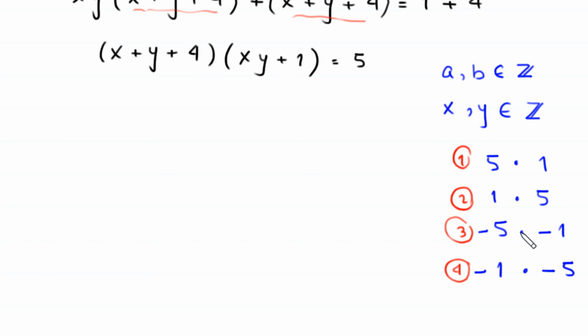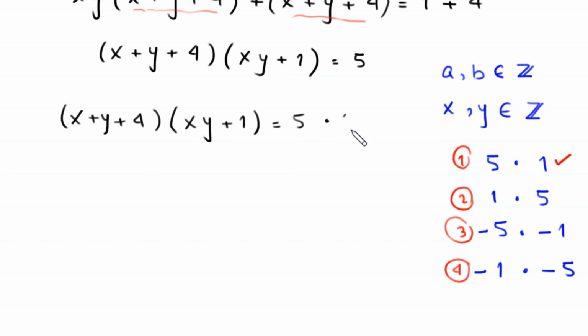First we solve case number 1, 5 times 1. In case number 1, we write this expression (x plus y plus 4) times (xy plus 1) equal to 5 times 1. So x plus y plus 4 will be equal to 5, and xy plus 1 will be equal to 1.